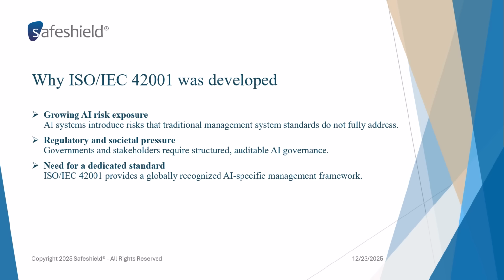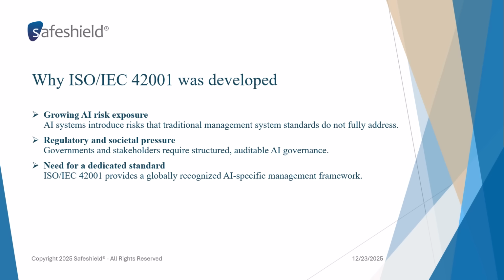The development of ISO 42001 reflects a significant shift in how organizations and regulators view artificial intelligence. Traditional management system standards, such as ISO 27001 or ISO 9001, address information security and quality management, but they do not fully capture the unique risks and governance challenges introduced by AI systems.